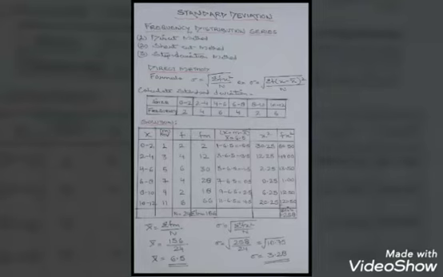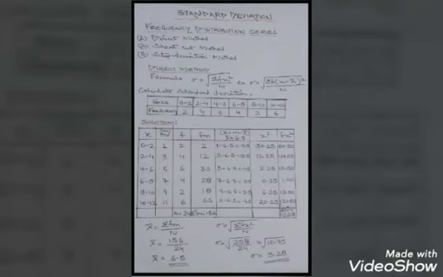4 into 0.25 you get 1, then 2 into 6.25 you get 12.50, and 6 into 20.25 you get 121.50. And if you add all the fx square together, you get sigma fx square as 258.